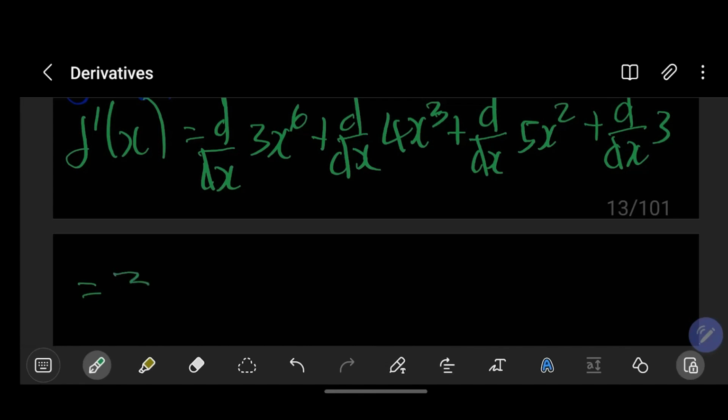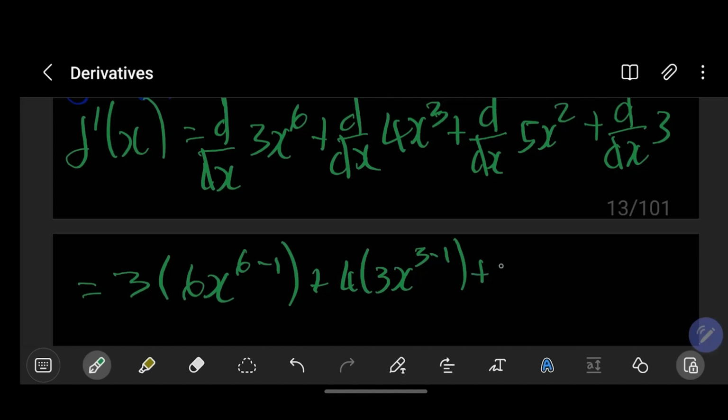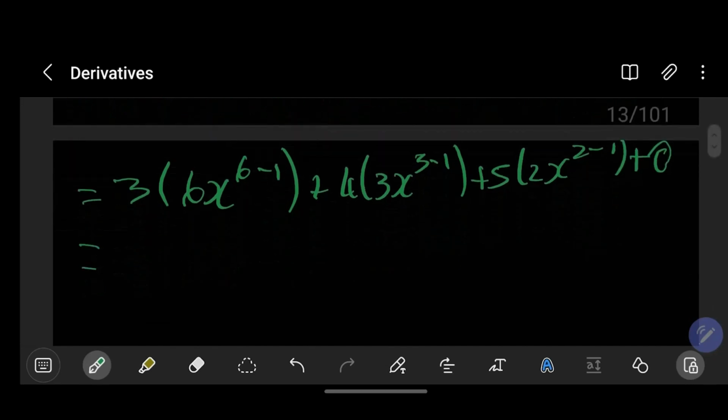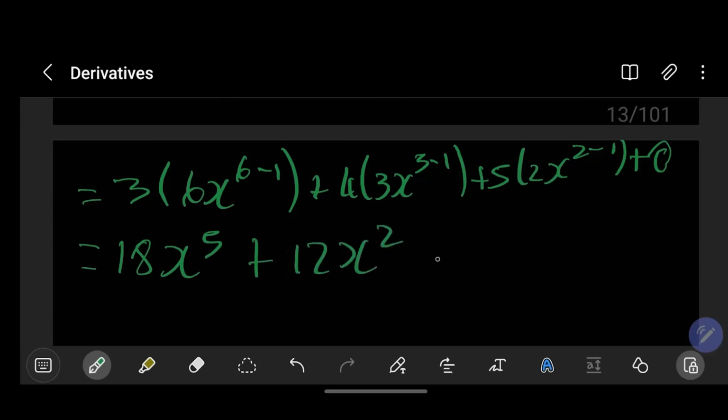So we have here 3 into 6x to the 6 minus 1, plus 4 into 3x to the 3 minus 1, plus 5 into 2x to the 2 minus 1, plus 0. Okay, so that's now equal to 3 times 6 is 18x to the 5 plus 4 times 3 is 12x squared plus 10x.